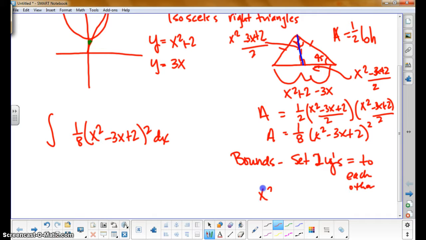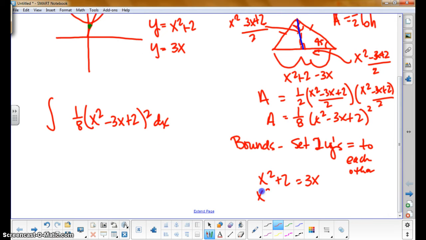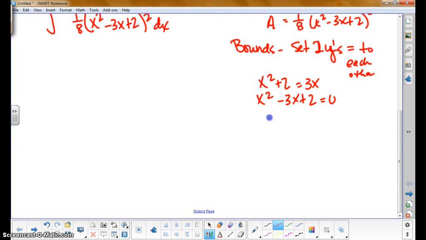So x squared plus 2 has got to be equal to 3x where they intersect. So x squared minus 3x plus 2 is equal to 0. And as Libby got, x minus 1, x minus 2 is equal to 0. So x is either going to be 1 or it's going to be 2.